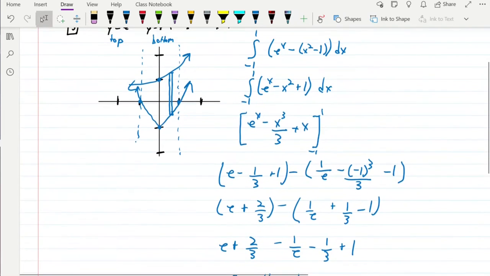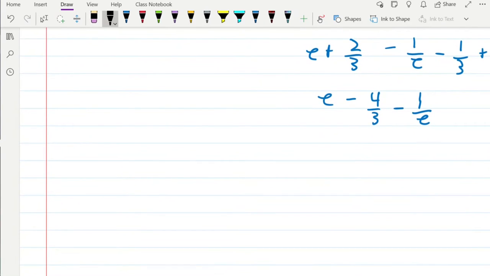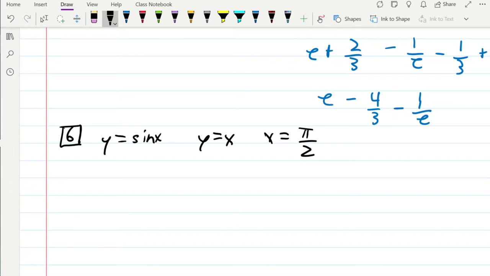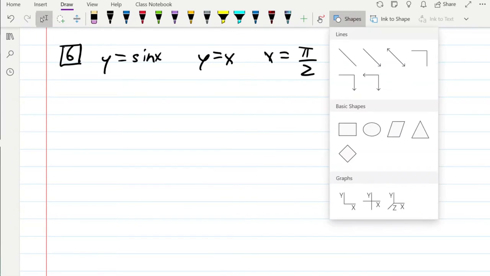All right, so from here, I guess we will go on to number 6, which is y equals sine x, y equals x, x equals pi over 2 and x equals pi. And then we will draw our xy.